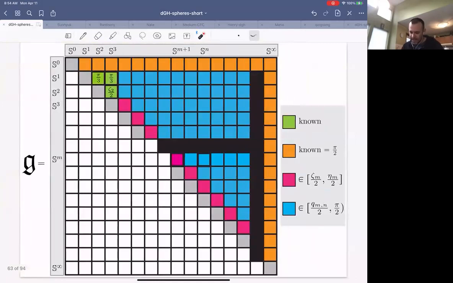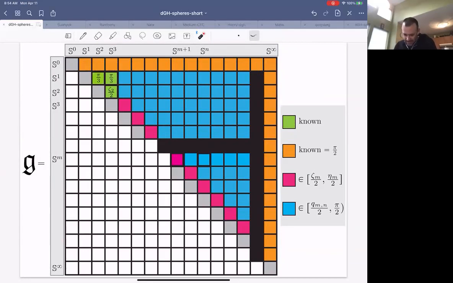And in the end, this is a figure that hopes to summarize what we know and what we don't know related to the matrix G. So the green entries are fully known, and the orange entries are also known. This corresponds to S0 and S infinity.